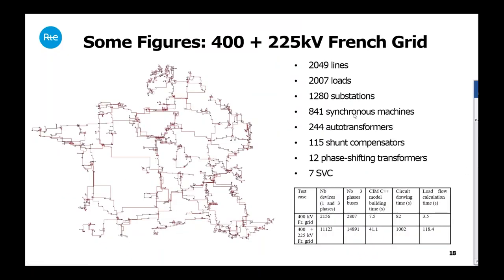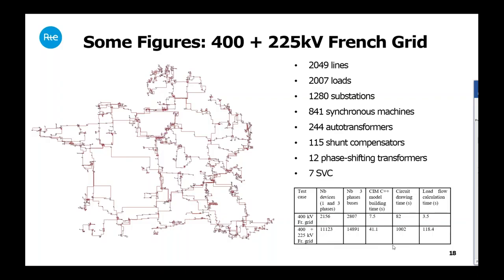Here are some figures for the total 400 and 225 kV grid: about 2,000 lines and loads, more than 1,000 substations. In the table below, for the second line, for this grid, drawing time is about 15 minutes.